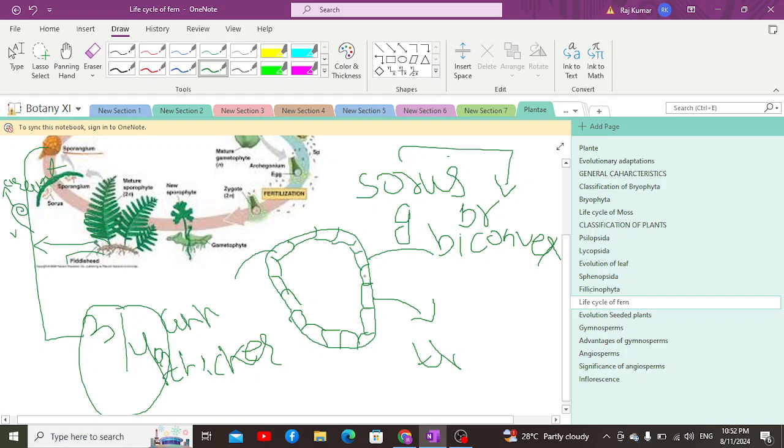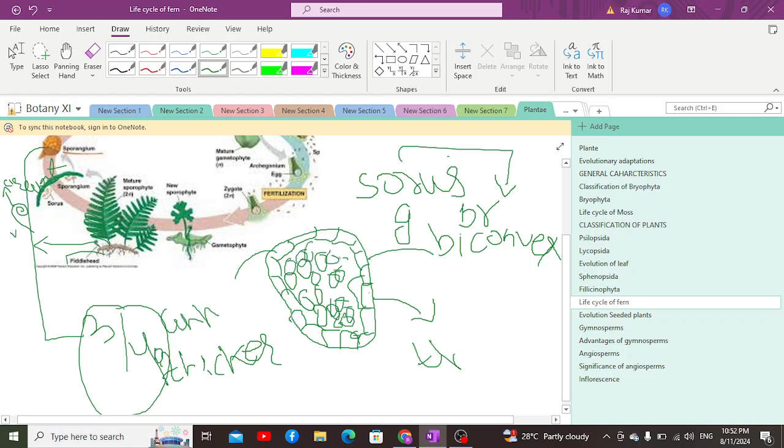Now, the stomium is the site from which the sporangium bursts. How does it occur? Let's suppose the spore mother cell has repeatedly divided meiotically and has produced many spores. When spores are produced within the sporangium, the dry mass within the sporangium increases.